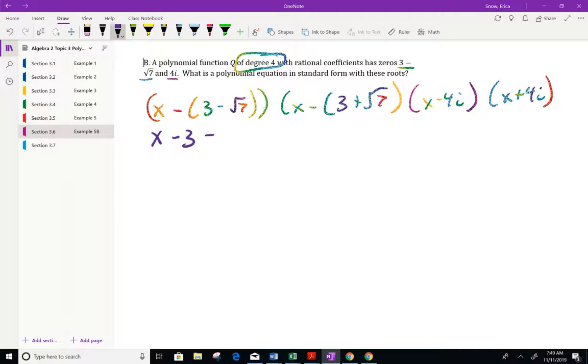So let's start here with x minus 3 plus square root 7, x minus 3 minus square root 7.